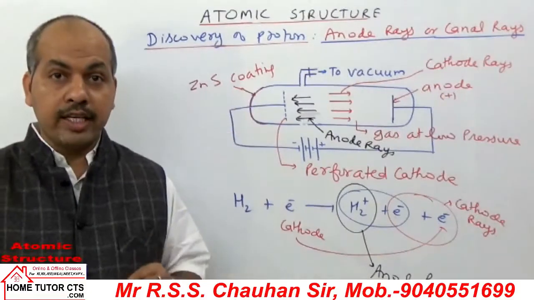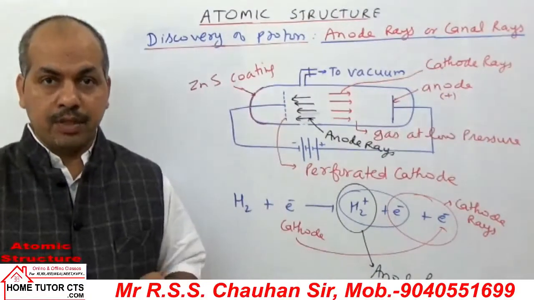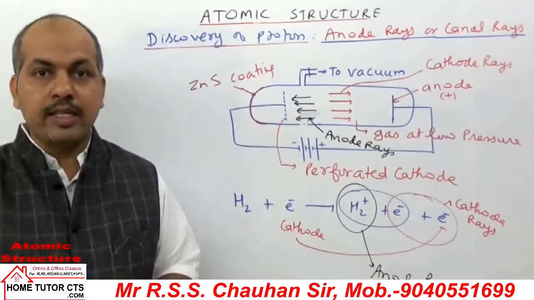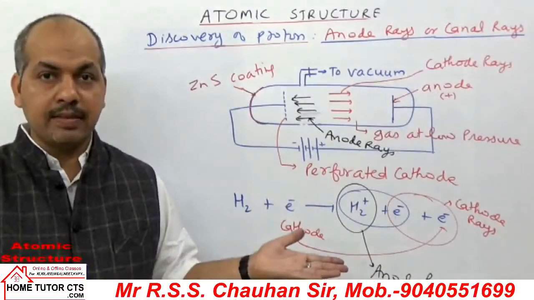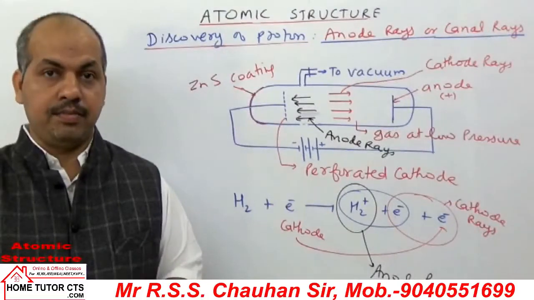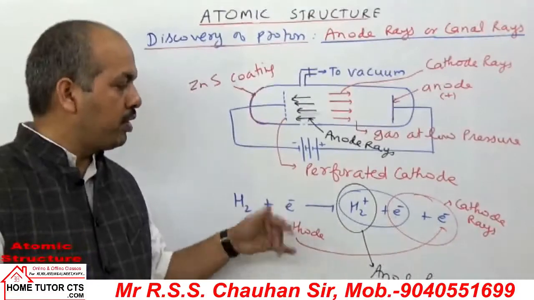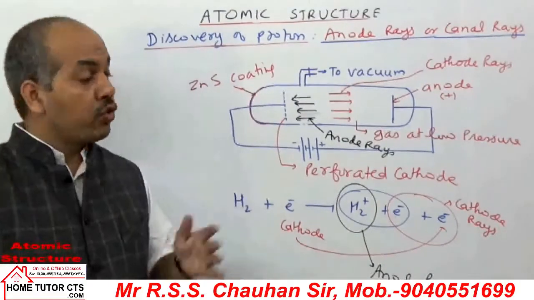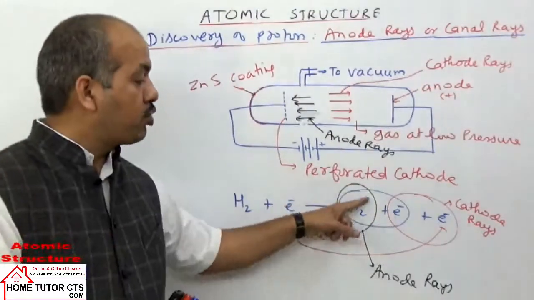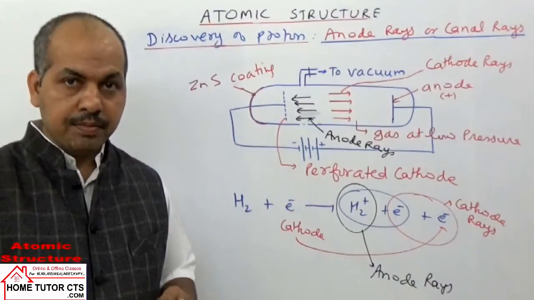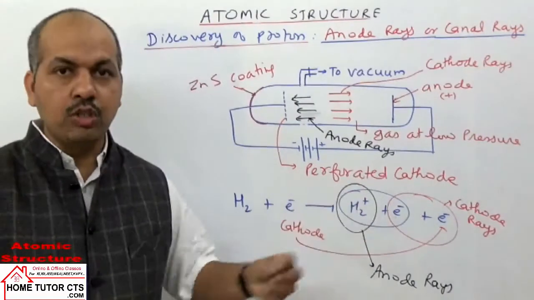If we take hydrogen gas, which is the lightest gas, the charge to mass ratio for hydrogen gas was highest, and for different gases this ratio was different. You can see easily, hydrogen is the lightest gas, its mass is lowest, so the charge to mass ratio should definitely be highest.